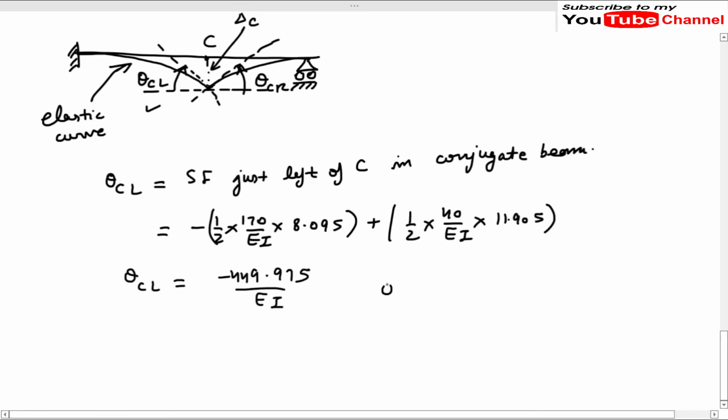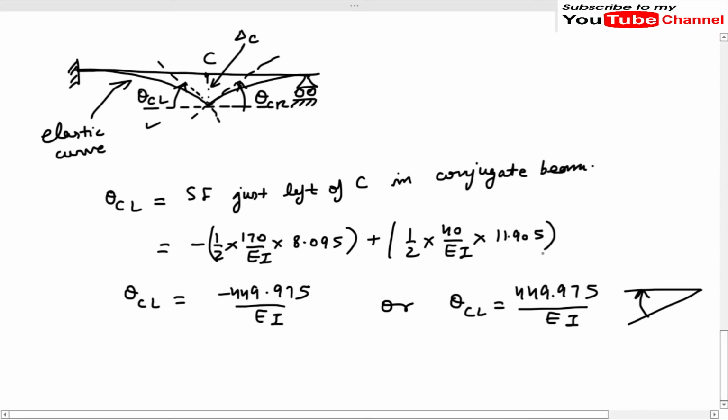Okay, and according to our sign convention you can also write it as 449.975 divided by EI, and the slope is in clockwise direction. Okay, so we have got the slope just left of internal hinge C.